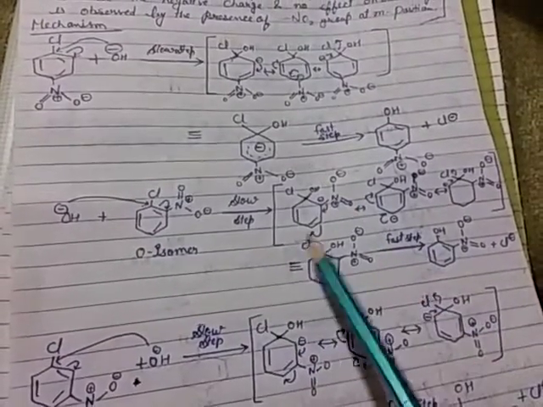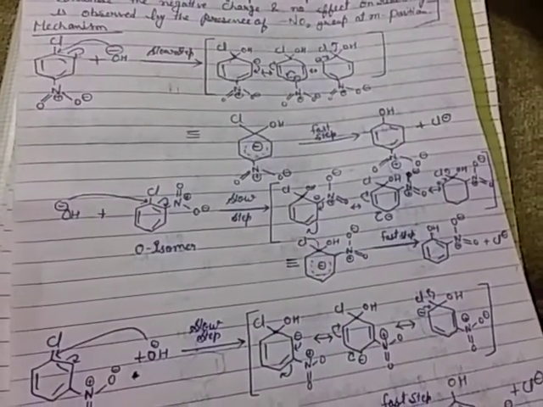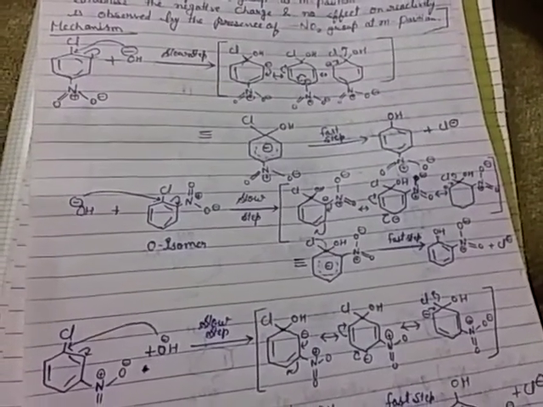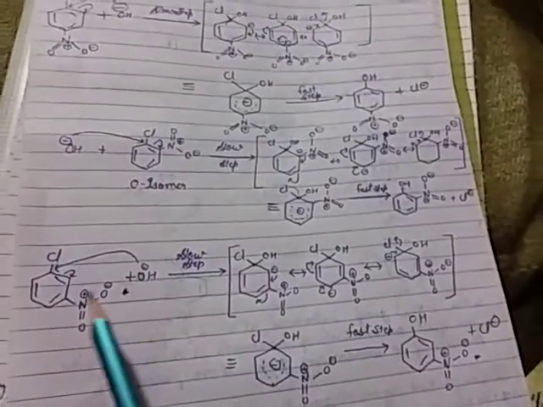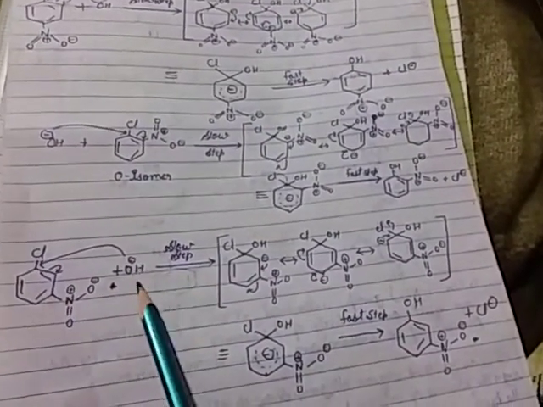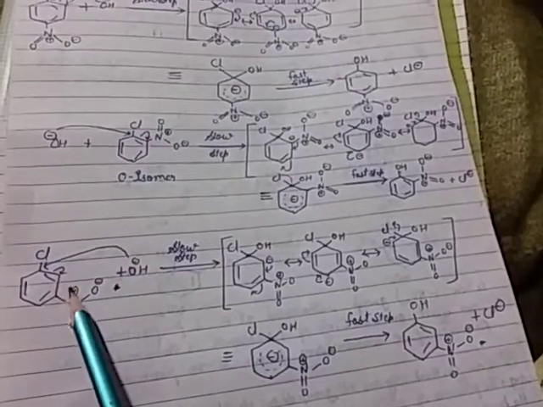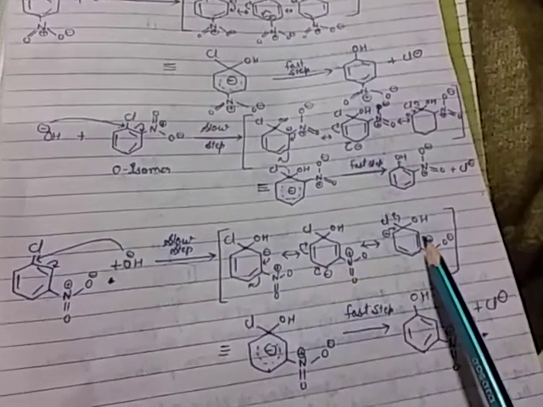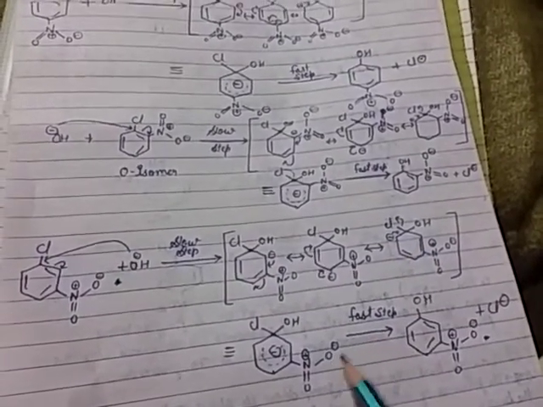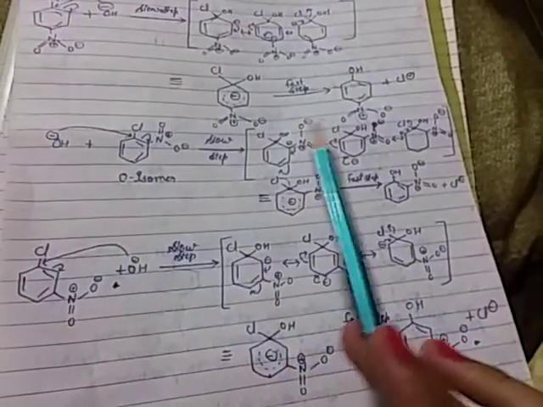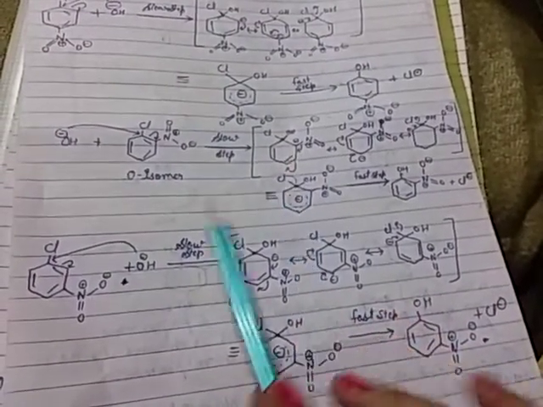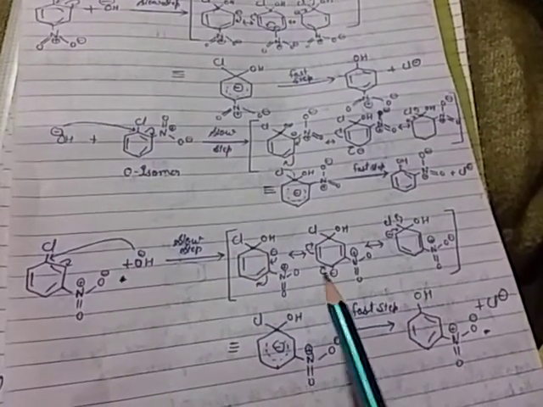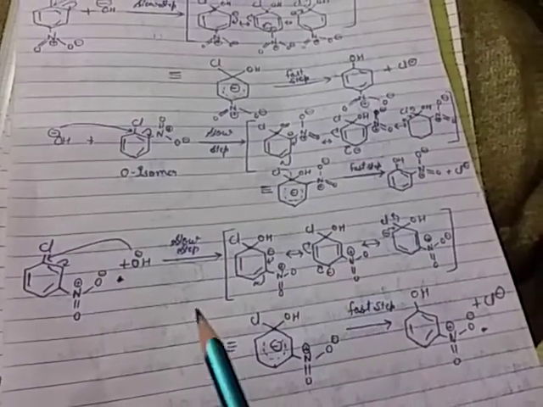By the same procedure, negative charge appears at ortho and para positions. But whenever the NO2 group is at the meta position in chlorobenzene and OH minus attacks, the negative charge appears only at ortho and para again. So when the NO2 group is at ortho and para, electron density increases maximally there, but at the meta position there is less electron density.